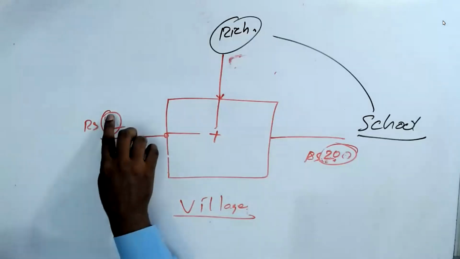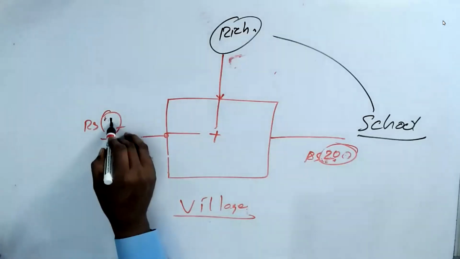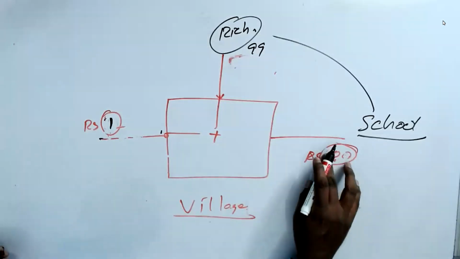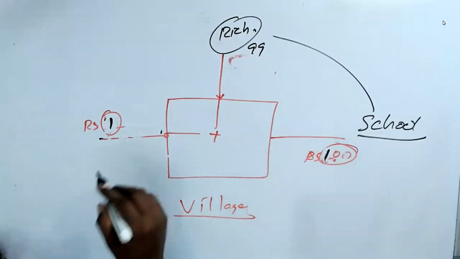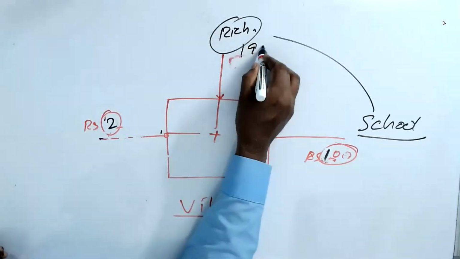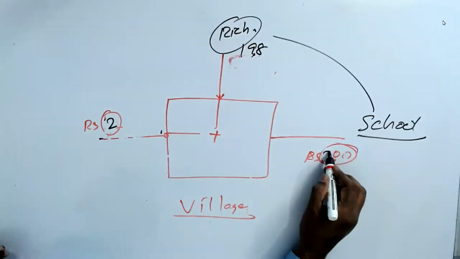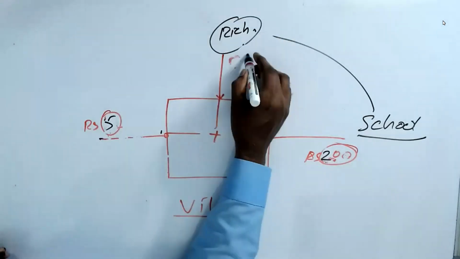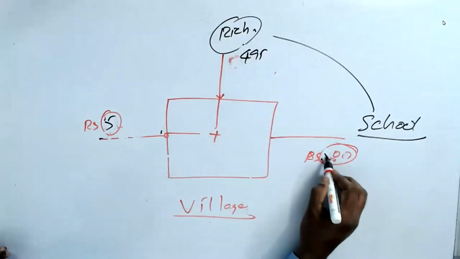But one thing, if anybody gives 1 rupee, I will give 99 rupees, so the school gets 100 rupees. If anybody gives 2 rupees, I'll give 198 rupees, the school gets 200 rupees. If you give 5 rupees, I'll give 495 rupees. The school gets 500 rupees. Understand now?